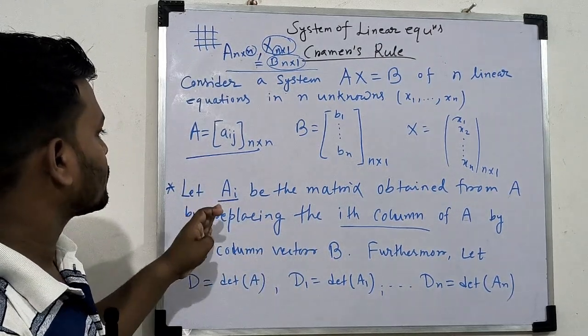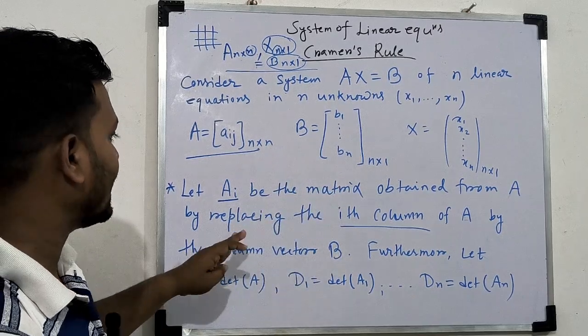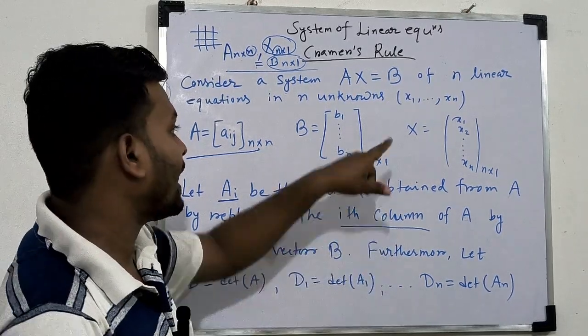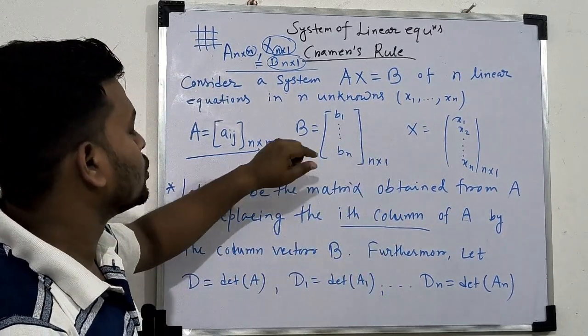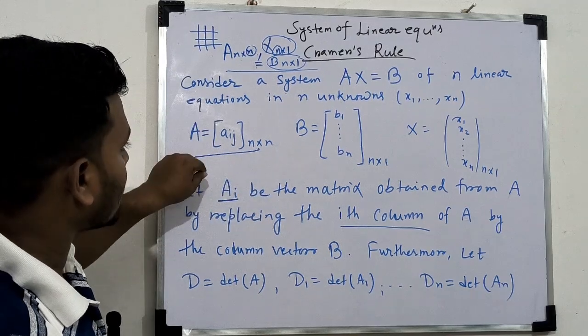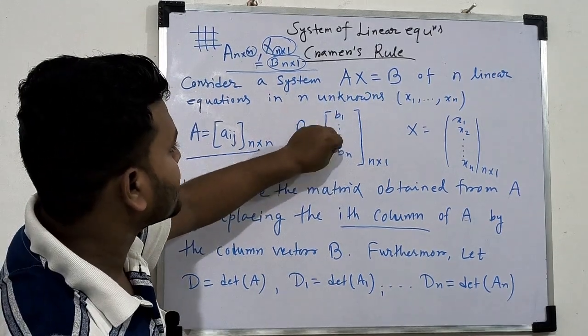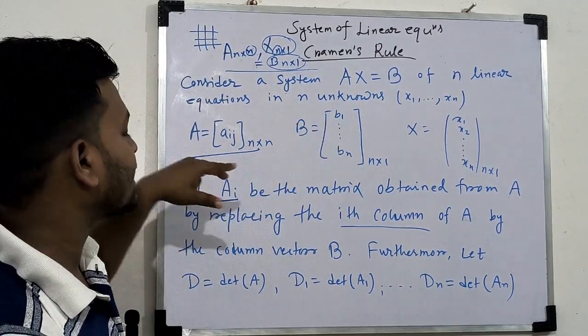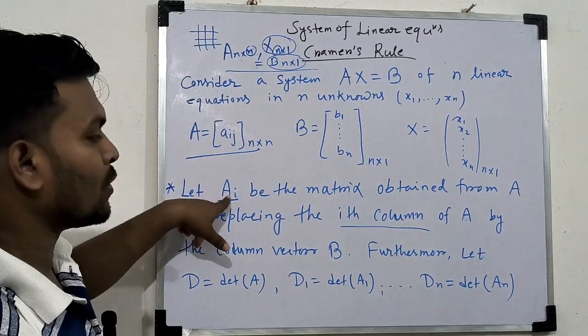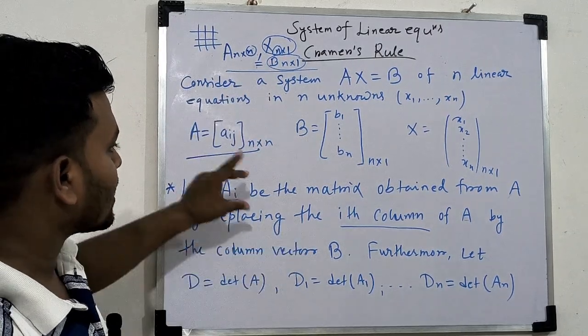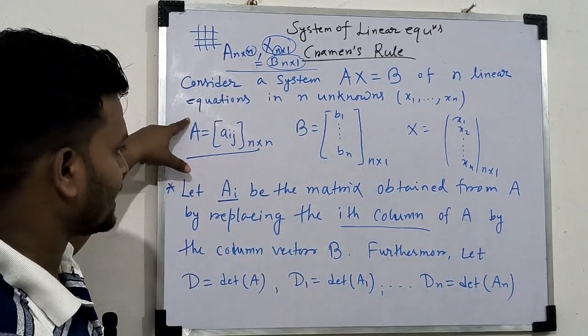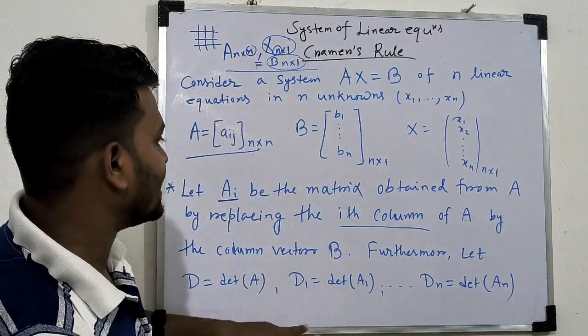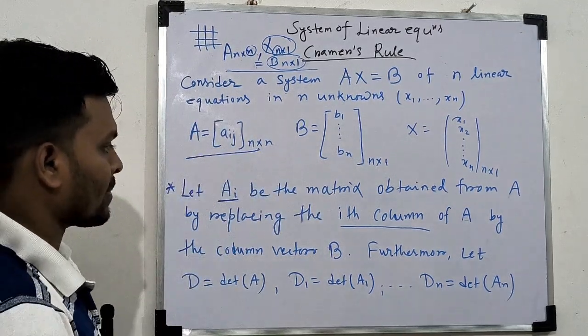So Ai would be the matrix obtained from A by replacing the ith column by the vector b. If we replace the first column by this column vector b, then the new matrix is A1.